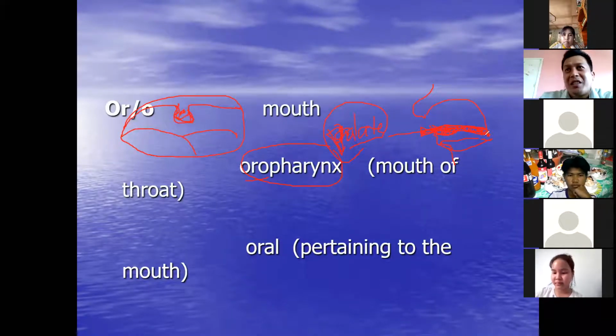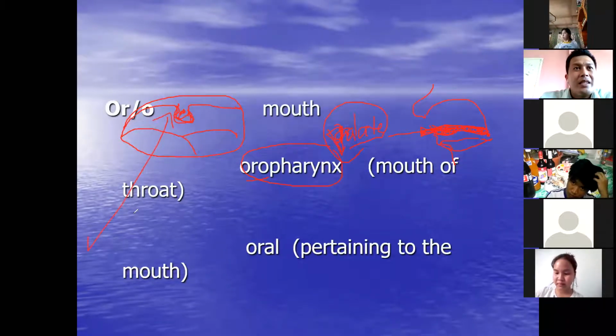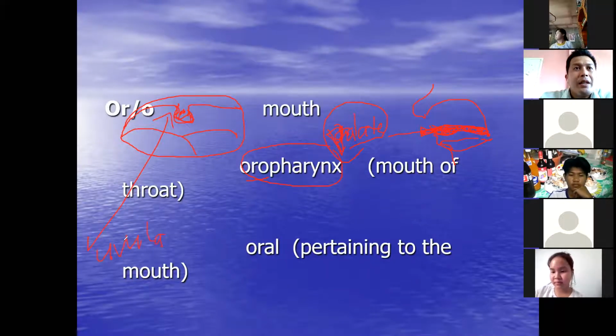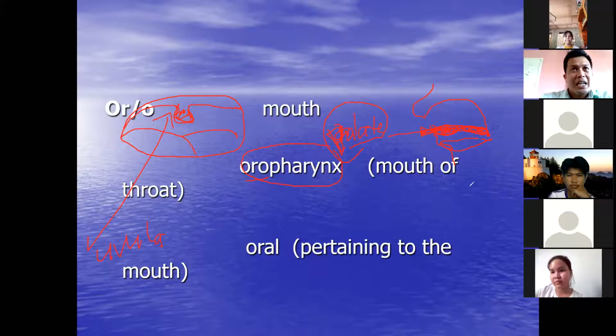This is the extension of the soft palate, and that part is your uvula. Uvula is the finger-like projection of your soft palate.